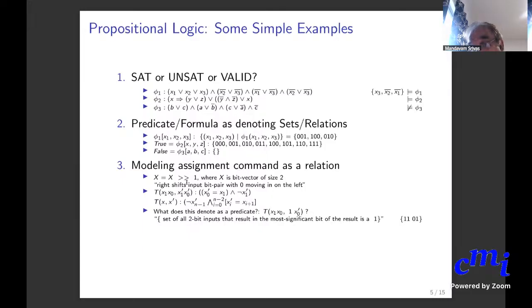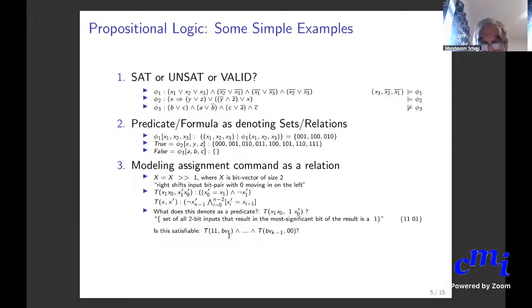Once you do it like this, you can ask very interesting questions: what are the outputs that you get for a set of inputs, or what are the inputs for which you get certain kinds of outputs, and so on.